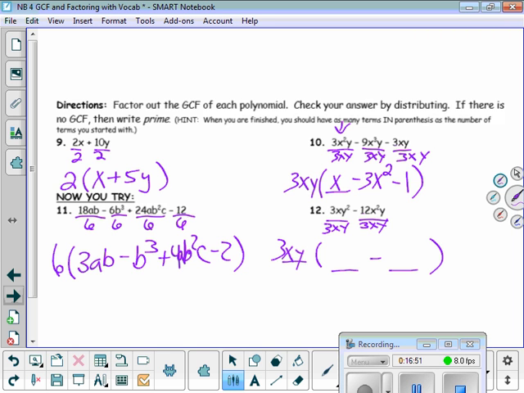When I divide 3xy squared by 3xy, what do I get? Negative 12 divided by 3? Negative 4. X squared divided by x? Y divided by y? A way that you can check yourself is you could re-multiply this and check it.